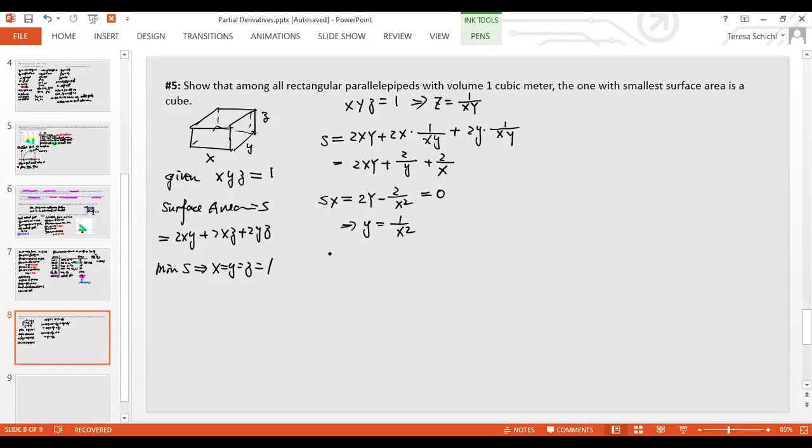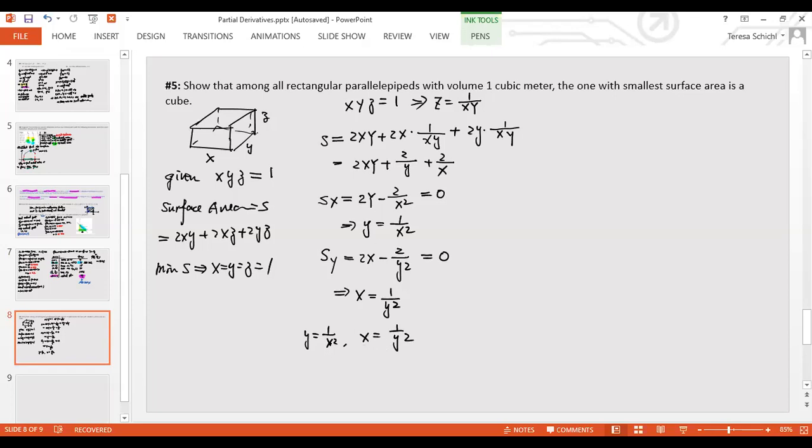Now the partial for y is 2x minus 2 over y squared, and this has to be equal to 0. So I get x is equal to 1 over y squared. So now I have y equal to 1 over x squared and x equal to 1 over y squared.